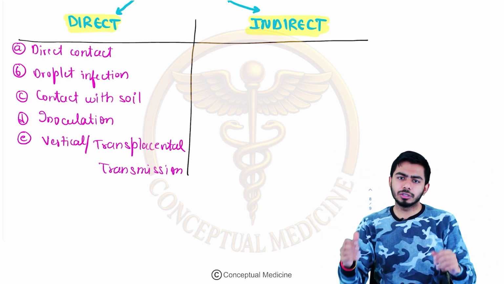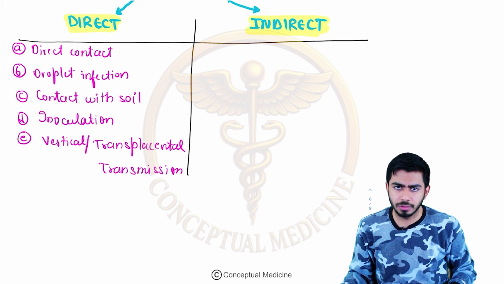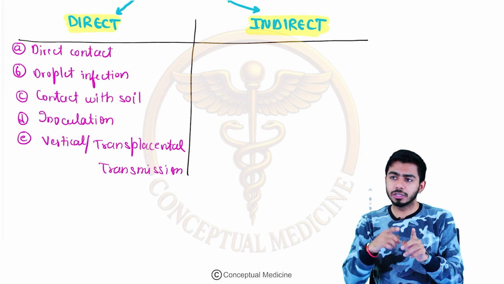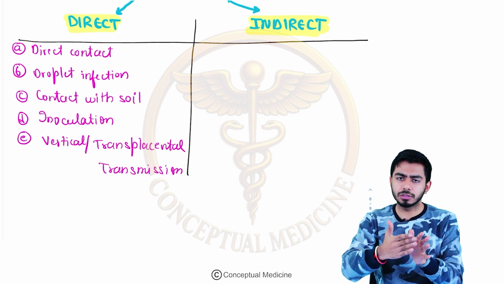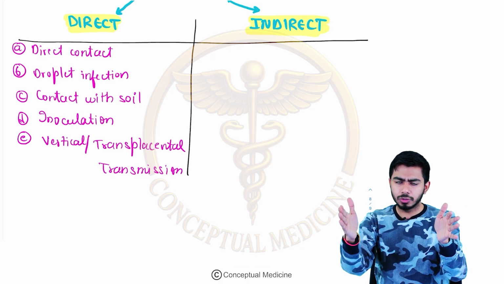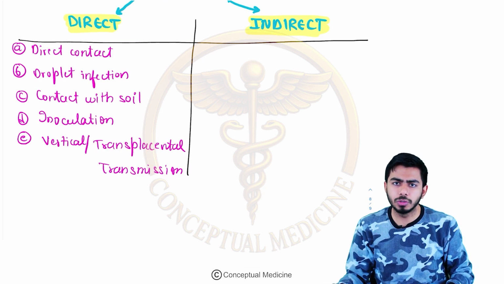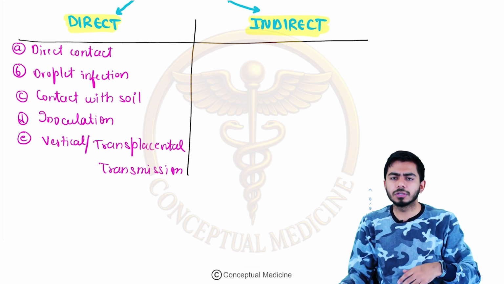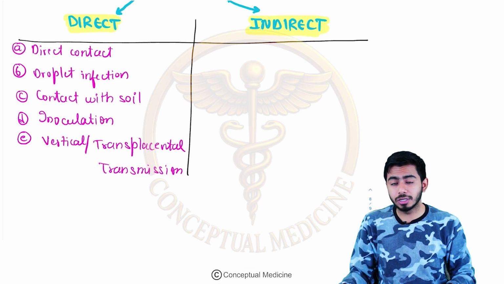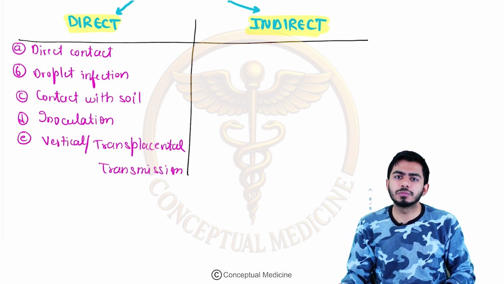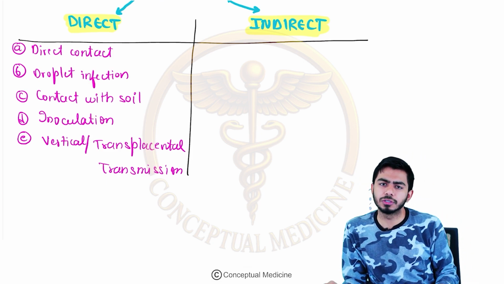So those bigger droplets can infect some other person, but the condition is that the other person should be coming in contact, or in very close proximity to each other. And if one person coughs or sneezes at the same point of time, due to the transmission of these droplets, respiratory infection might be seen in that other person as well.